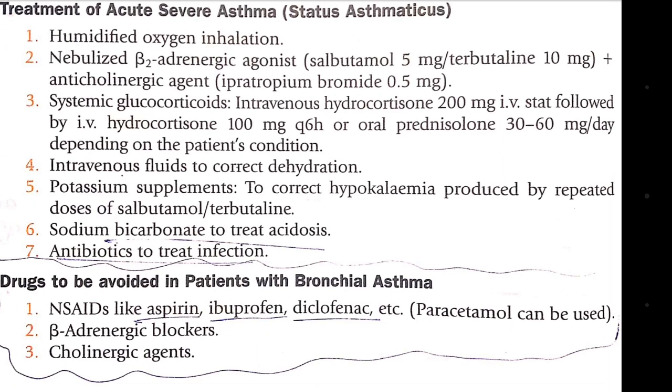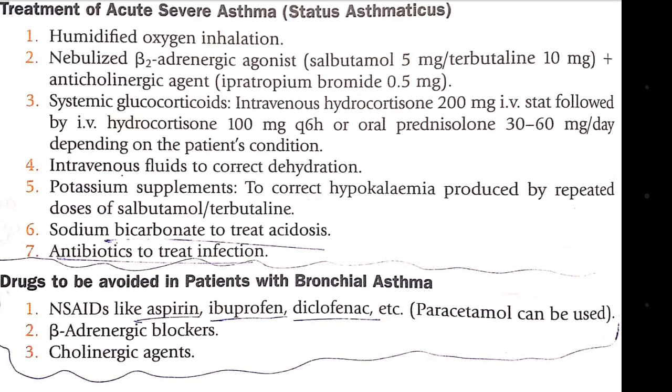Then you give systemic glucocorticoid, that is intravenous hydrocortisone 200 mg IV stat, which is followed by IV hydrocortisone 100 mg or oral prednisolone 30 to 60 mg per day depending on the patient's condition.